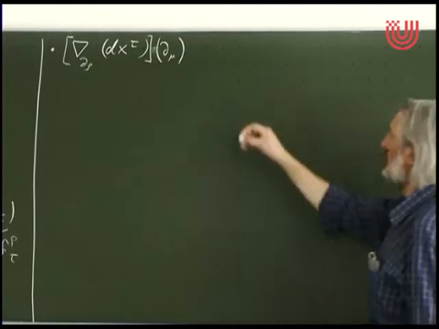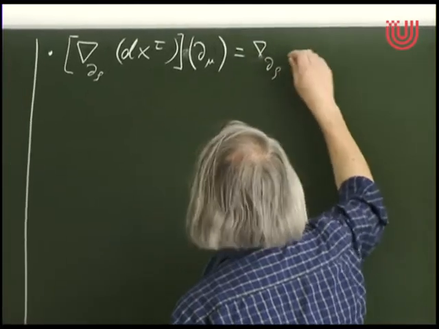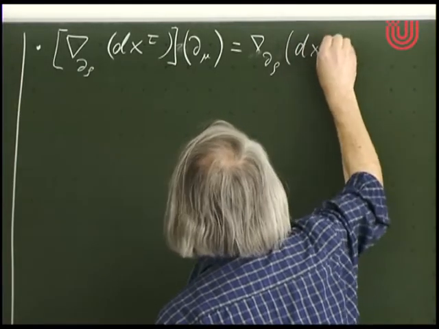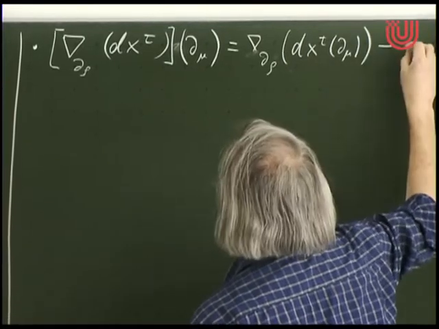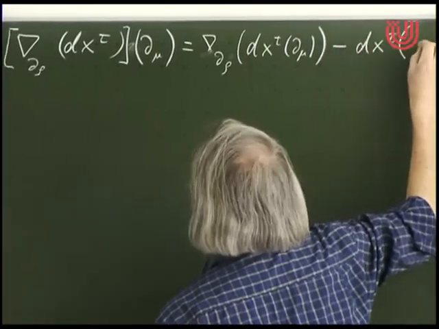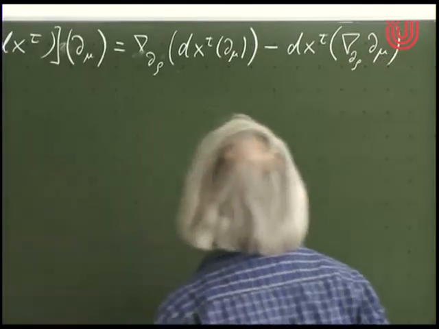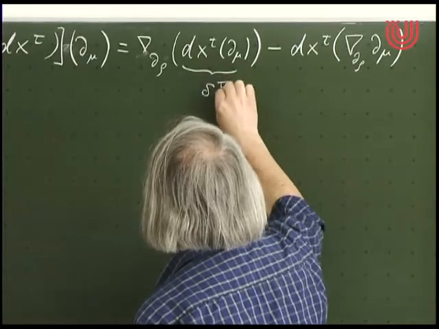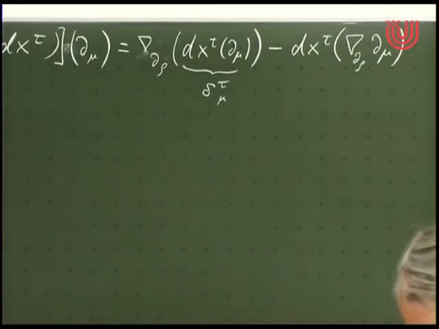And now I can use the product rule. So I can write this as partial rho of dx tau applied to d mu, minus dx tau applied to nabla partial rho of d mu. Well, we have just seen that dx tau applied to d mu is a Kronecker delta. The Kronecker is constant, right? For some pairs of indices it is 1, for some pairs it is 0, but it is always a constant.